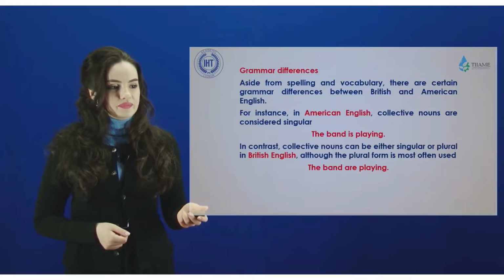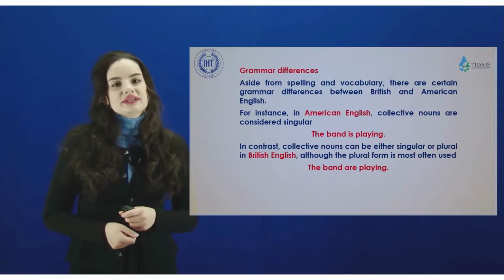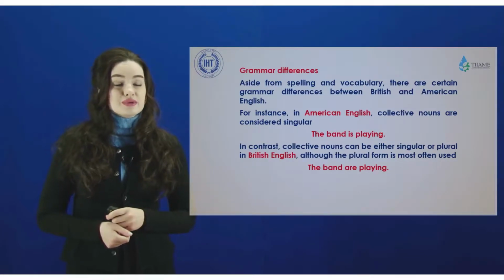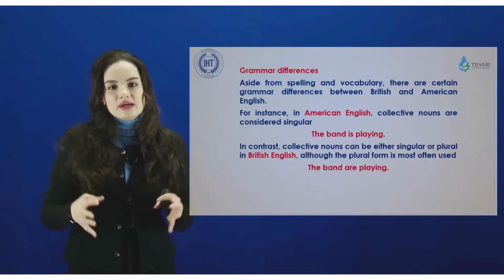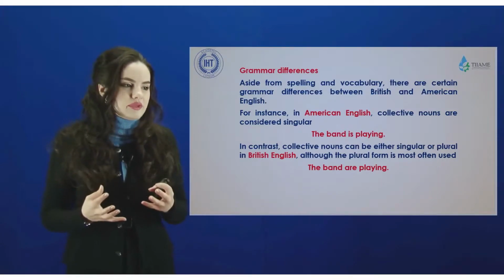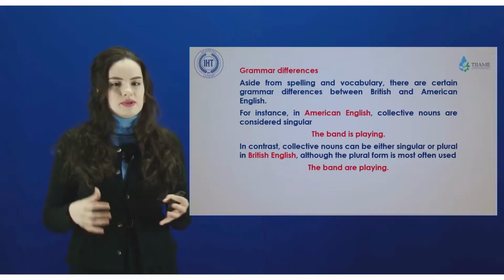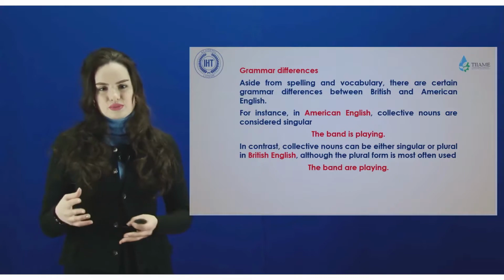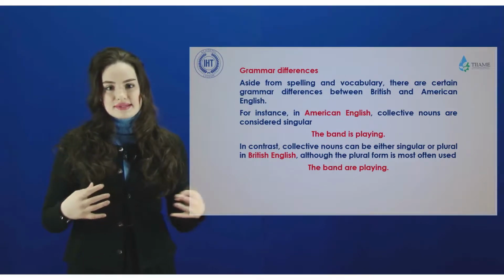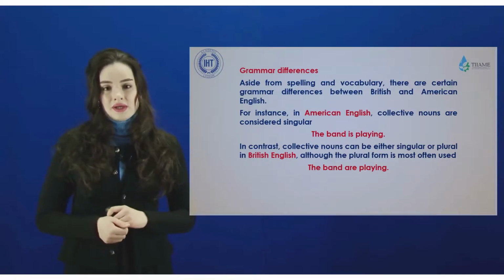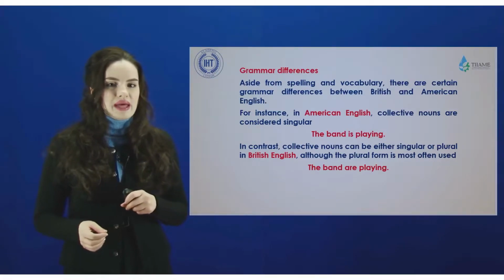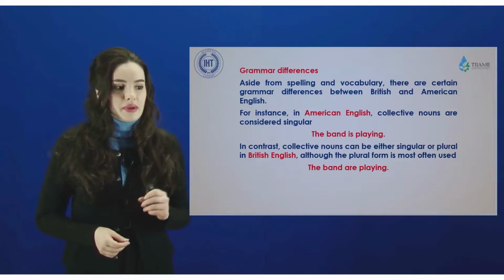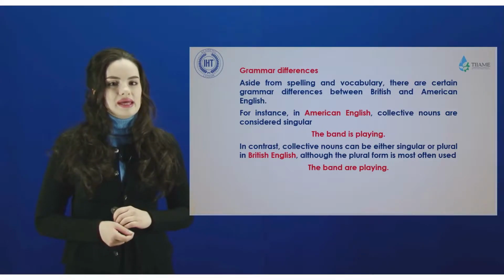So, firstly, I'd like to pay your attention to some grammar differences. When we mean some noun which may join something, a collective noun, for example, band. What is a band? A band is a group of people, like several singers or musicians. Actually, in American English, band is singular, but in British English, band is plural.